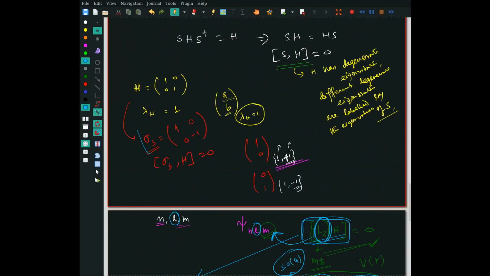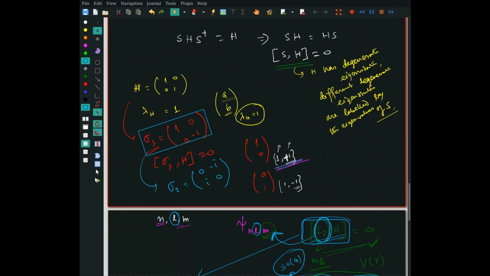So you choose sigma 3 to label these eigenvectors, right? But instead of sigma 3, you could have also chosen say sigma 2, which is (0, -i; i, 0), right? And then your eigenvectors would have been (1, ±i), maybe with 1 by root 2. So these are also eigenvectors of H, but these are basically labeled by -1 and +1 of sigma x or say sigma y.